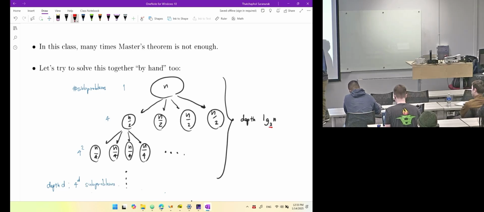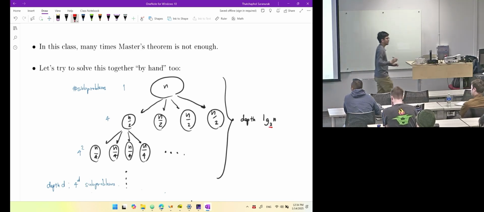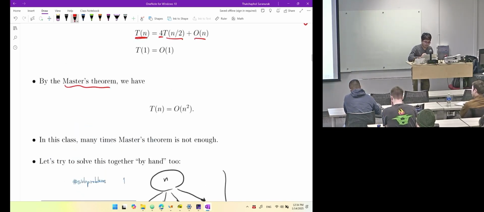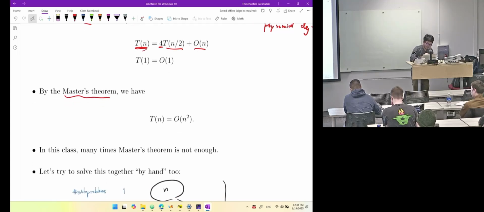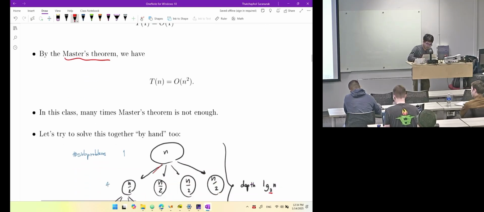Now what we need to do is sum the numbers here together, because when the problem is of size n, you pay n here, but the rest you cannot put in the recursion. So each of these you spend O(n) time, each of these you spend O(n) over 2, and so on.